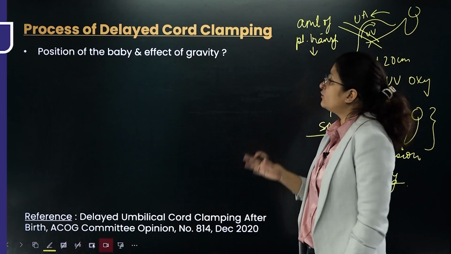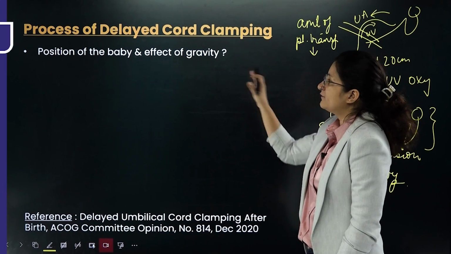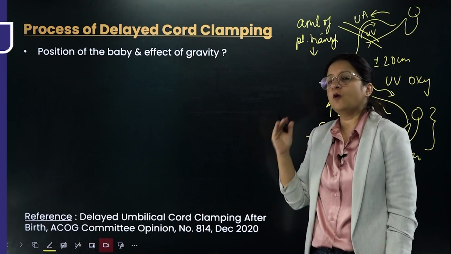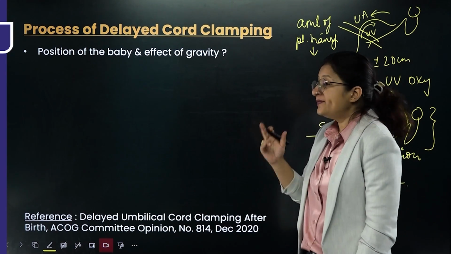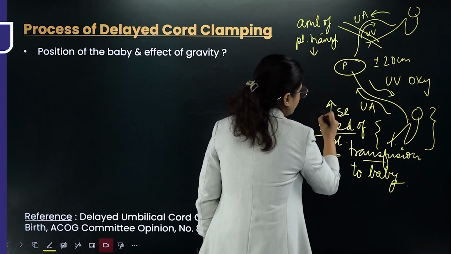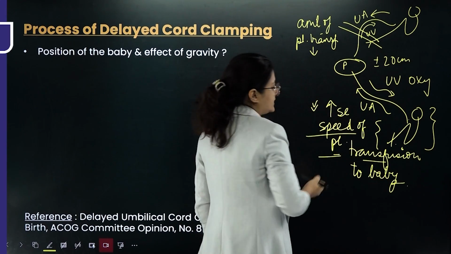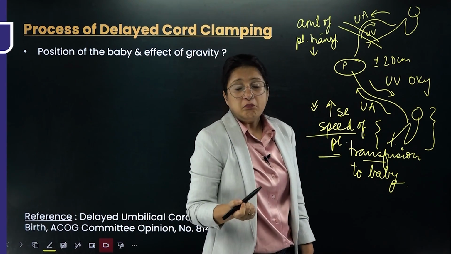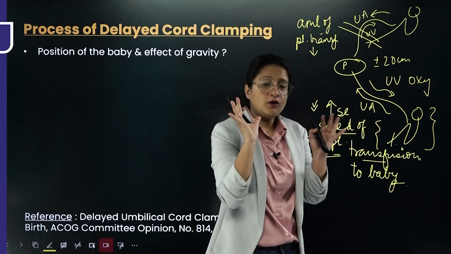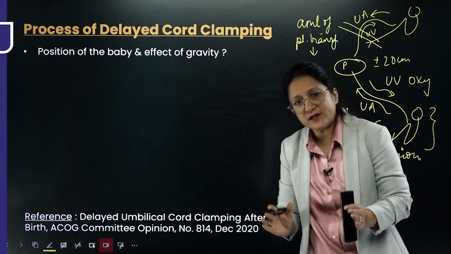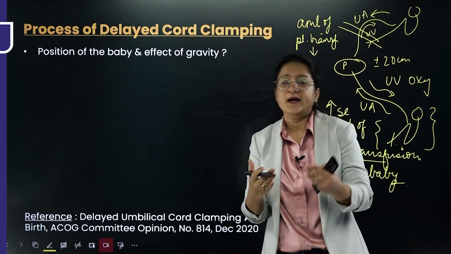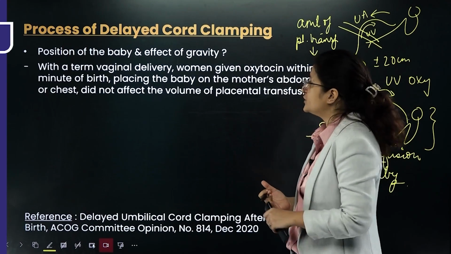So there is an effect of the position of the baby and the effect of gravity on the amount of placental transfusion. Okay, so with the effect of gravity, we see that there is increase in speed of placental transfusion to the baby, but the net amount of placental transfusion does not necessarily change much, especially when we have already given oxytocin as a part of active management of third stage of labor.